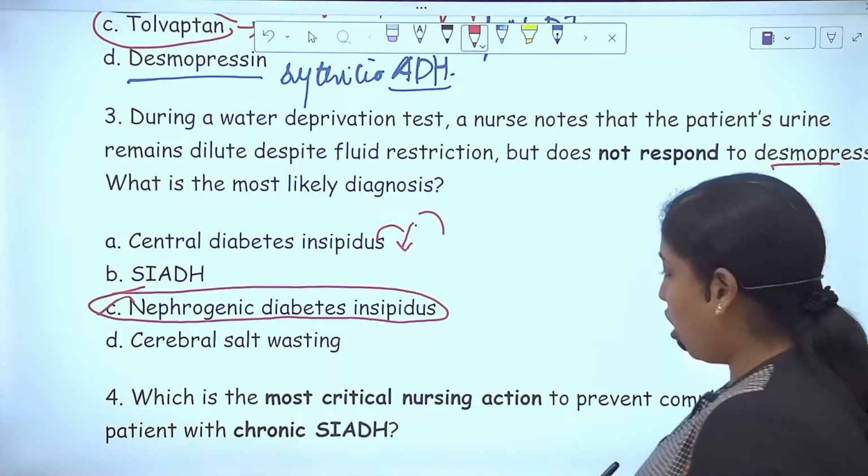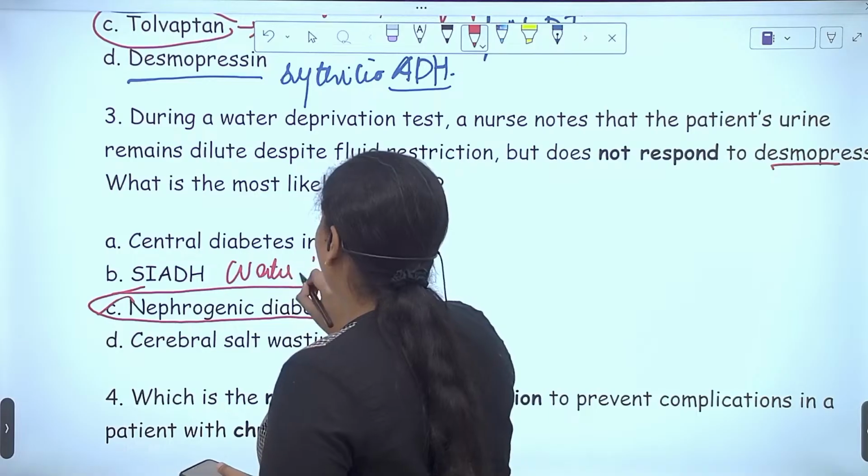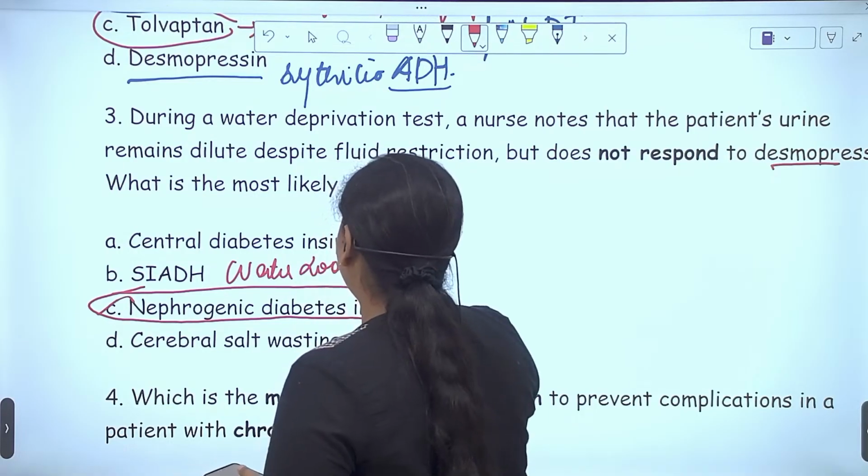Very good. Water loading test is done in case of your SIADH.